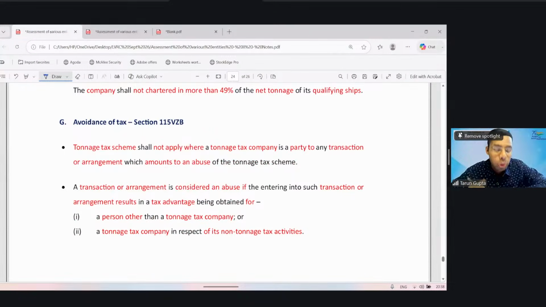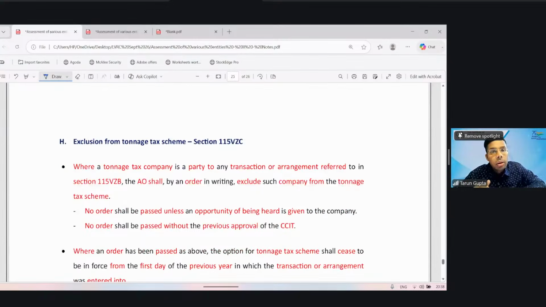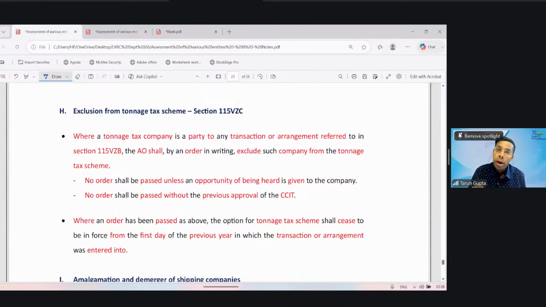If it is observed that a tonnage tax company is a party to any transaction which amounts to abuse of the tonnage tax scheme, that is, it has given a benefit to any person other than under the tonnage tax scheme, or it has given a benefit to a tonnage tax company in any other business, then such company shall not be given the benefit of this scheme, and an order shall be passed withdrawing the benefit.